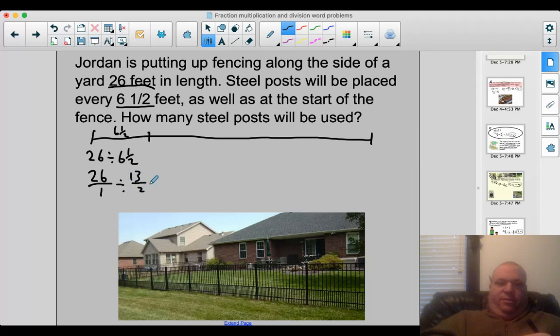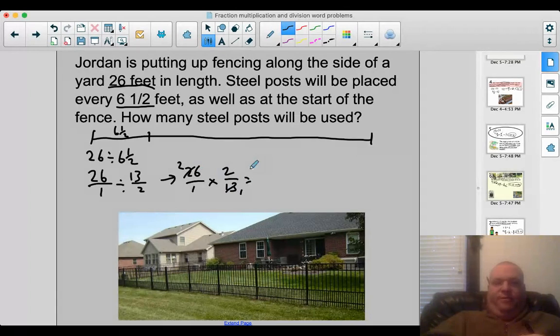All right, so I've got a division problem. I'm going to do keep, change, flip to make this multiplication. 26 over 1 times, I flip that to be 2 over 13, which is nice because you might notice 26 is just 13 times 2. So I can divide those by 13, 1 and 2.